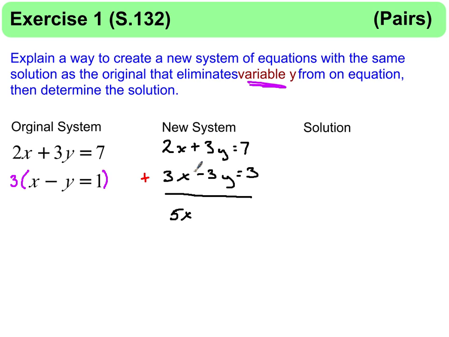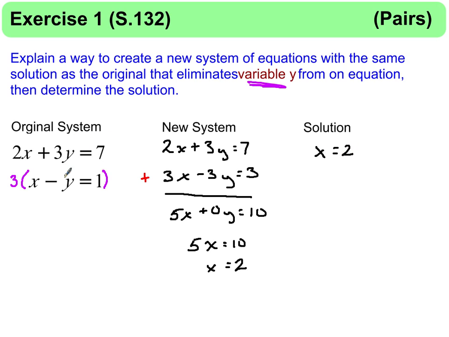Again, the 3 plus negative 3 is going to be a 0y, and 7 plus 3 is equal to 10. So what do we have? We have our 5x equals our 10, and x would equal 2.